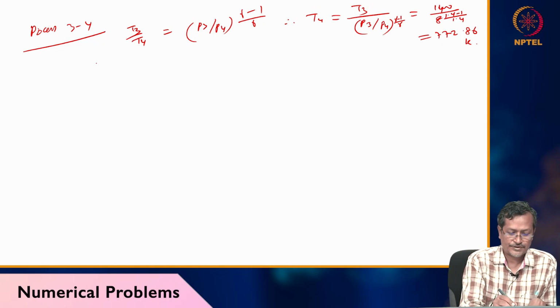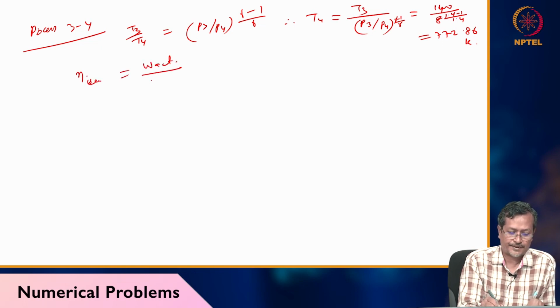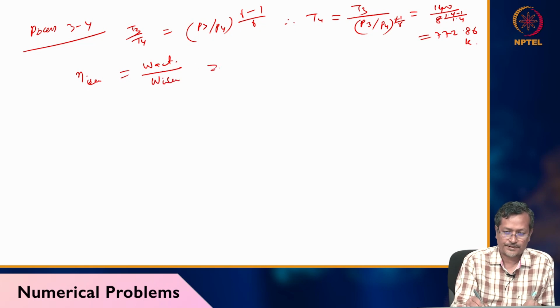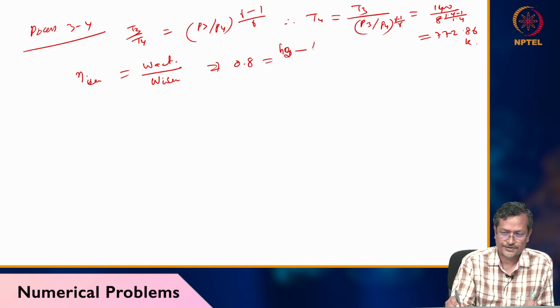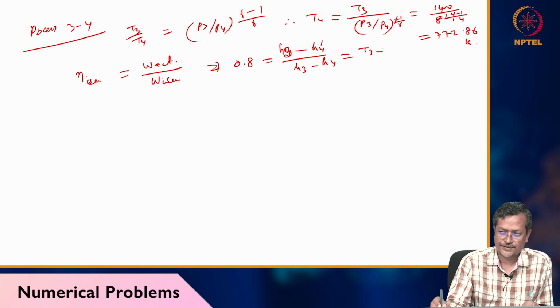Now for the turbine, eta isentropic equals W actual by W isen, which implies 0.8 equals H3 minus H4 dash divided by H3 minus H4, which equals T3 minus T4 dash divided by T3 minus T4.